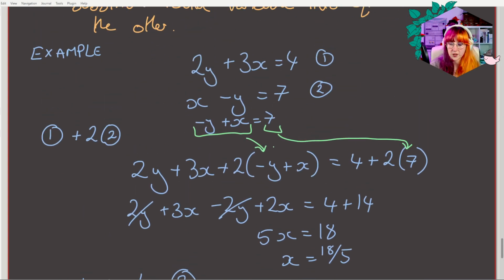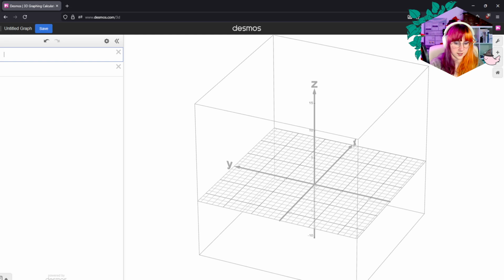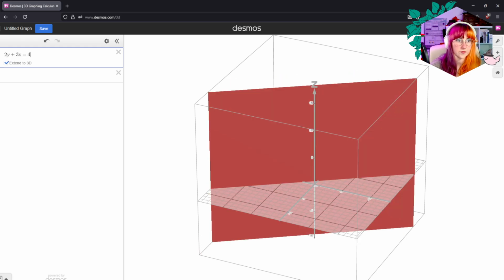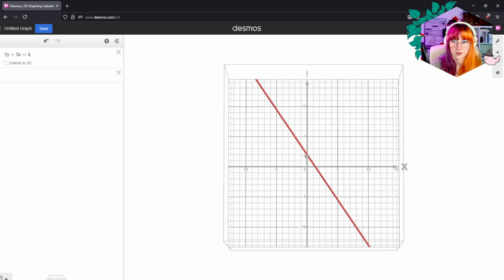And we can check our work over here by doing 2y plus 3x equals 4. And we're not going to extend it to 3D, I just want to look in 2D. So this is my x coordinate, my y coordinate.